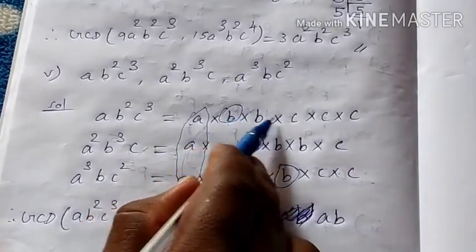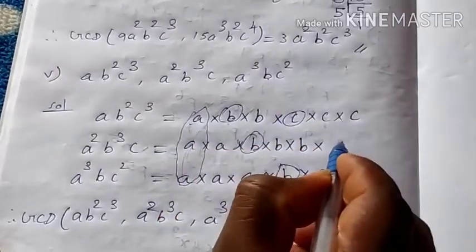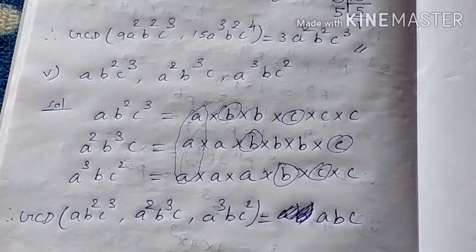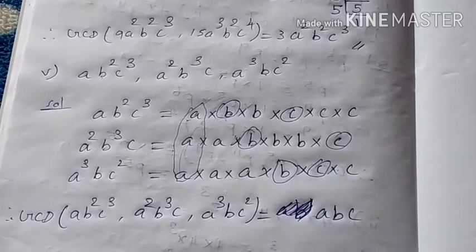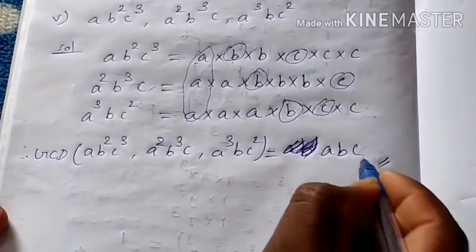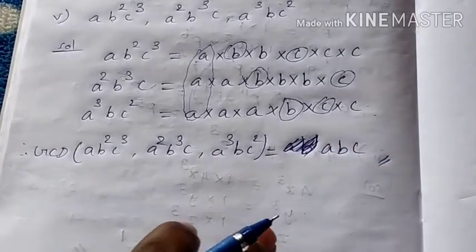Next consider the c value, c is the common term, so the remaining terms are not in the pair. Okay, so that's all. Therefore GCD of the given factors is a b c.